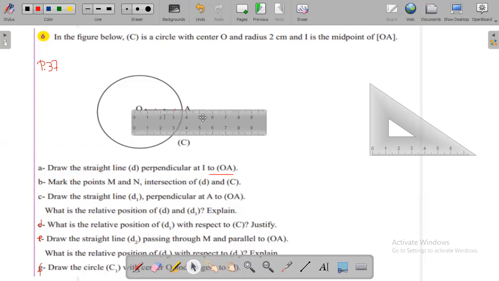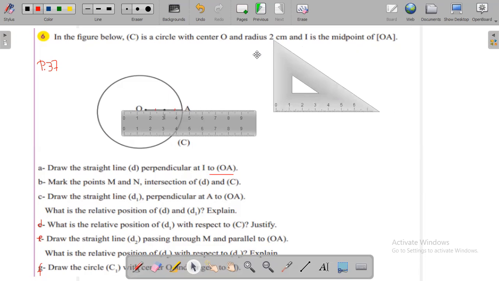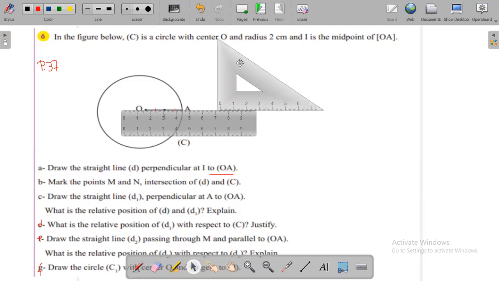We take the set square and put it on the ruler, and we move it till it passes through which point?